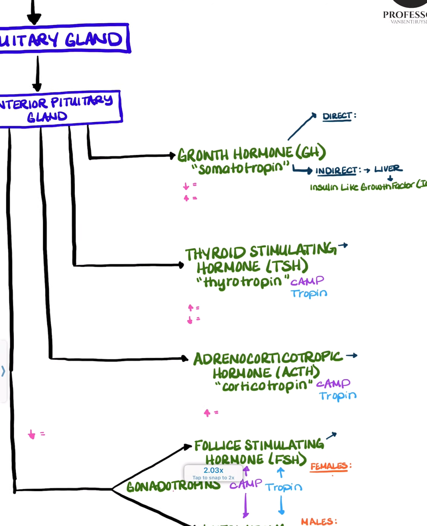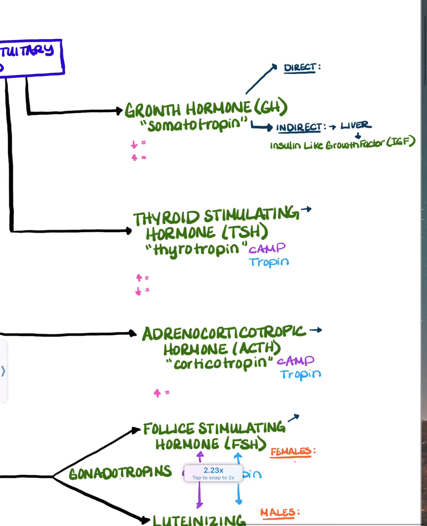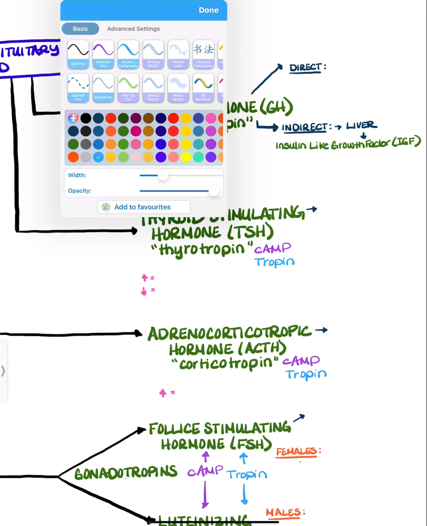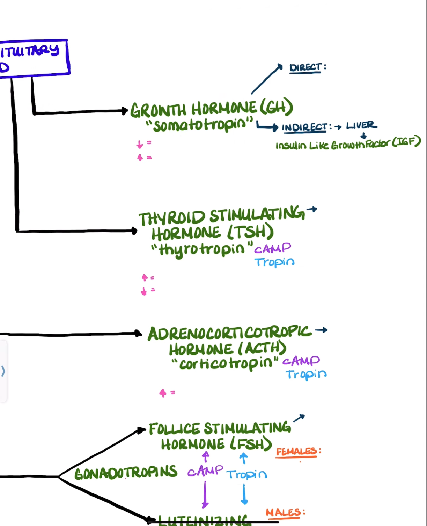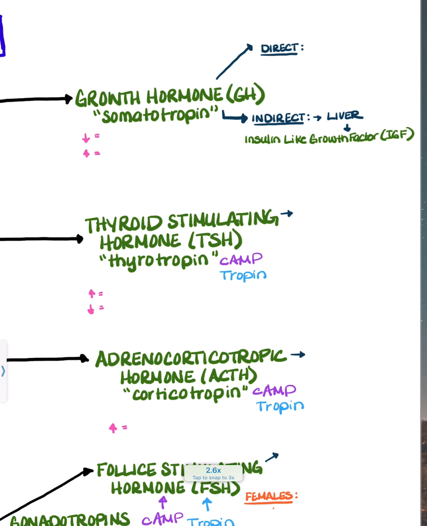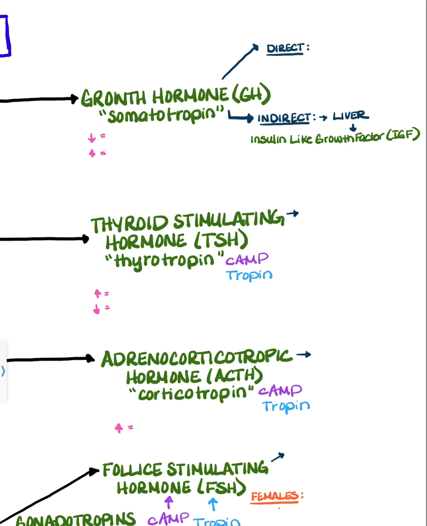Okay, so now we can go in and talk a little bit about the functions. When we're talking about the growth hormone, it has 2 different effects, one that we say is direct and one that we call indirect. The direct effect is also what we call the metabolic effect.